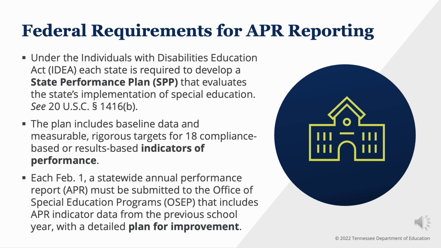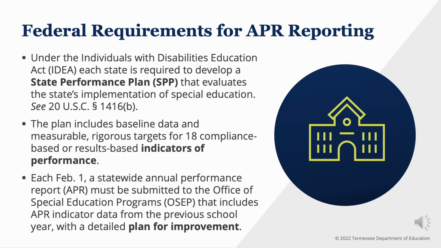Targets for the results-based indicators are collaboratively set by the department and various stakeholder groups, including the Governor's Advisory Council for the Education of Students with Disabilities. The results-based targets do increase each year. The targets for the compliance-based indicators are set by the federal government at 100% and cannot be adjusted in any way.